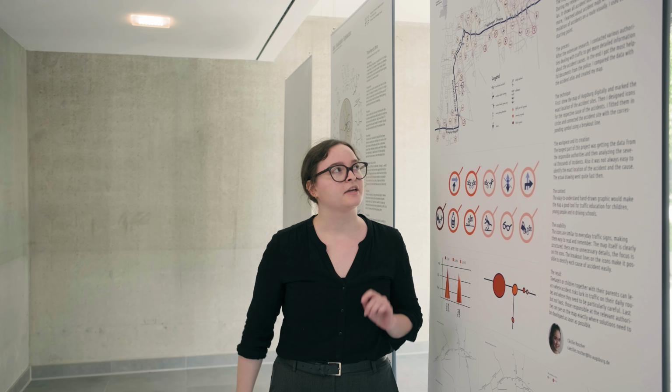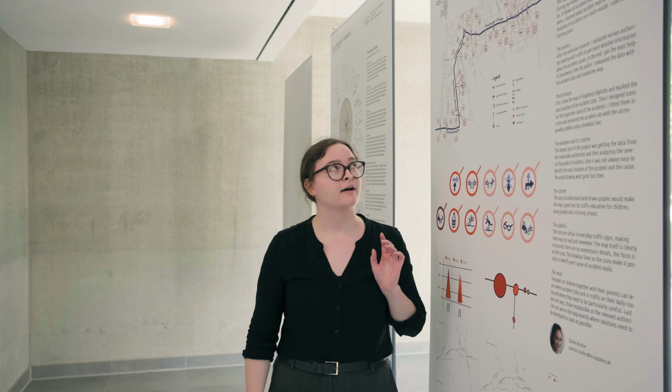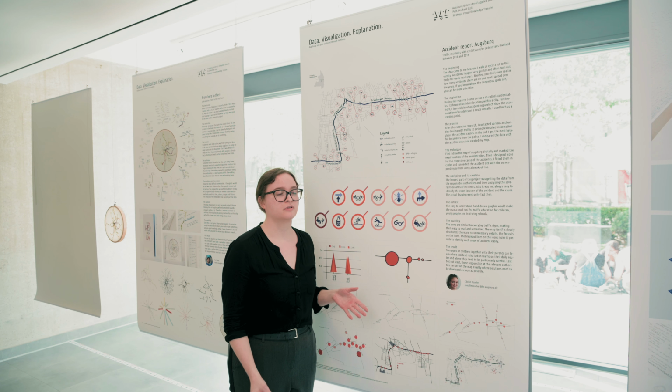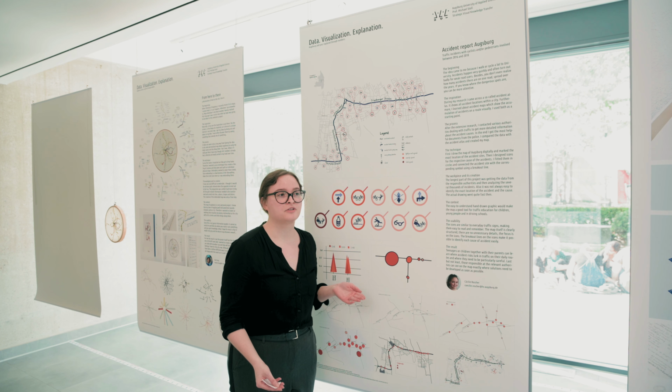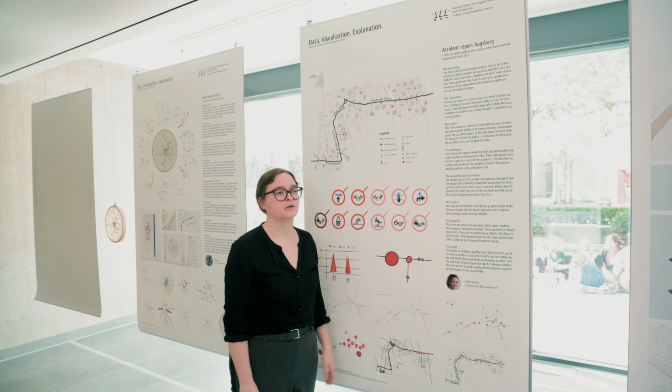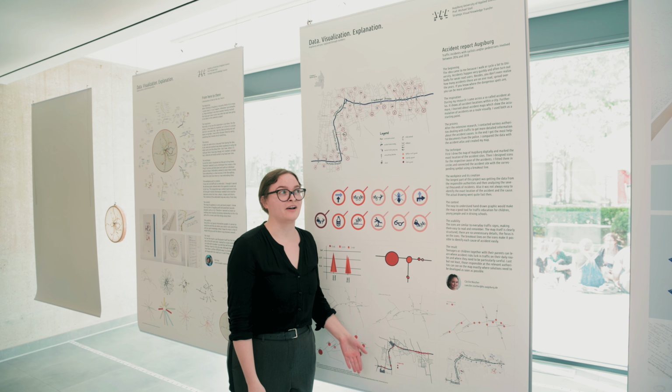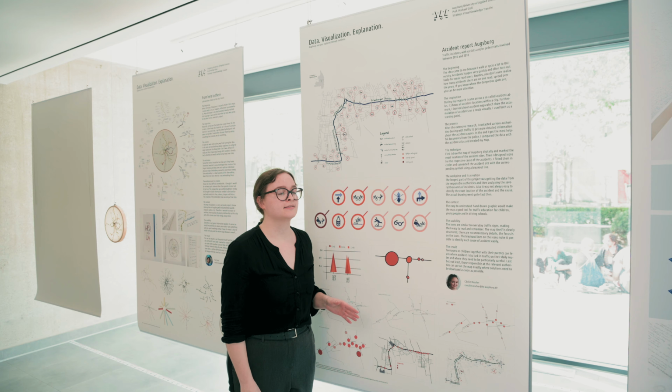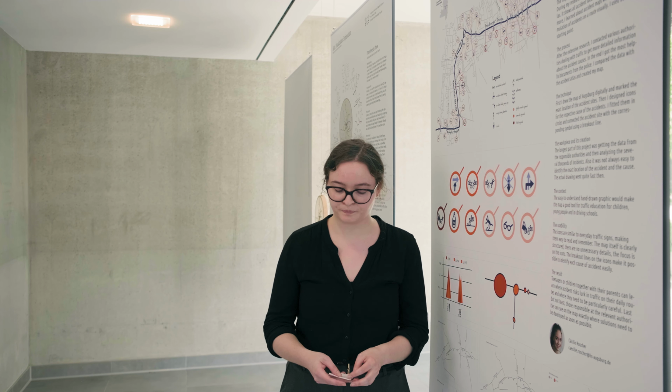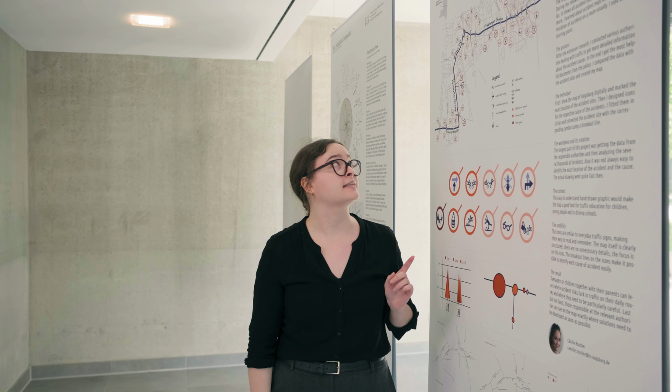Yes, I chose a map as the final visual form because I think it's the best way to give an overview over a certain location or a certain place. And I chose the exact area because this is where I'm quite frequently at, so I want to know what's happening there.